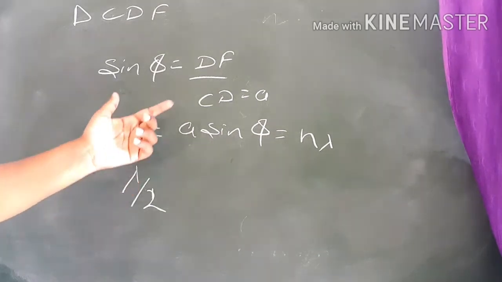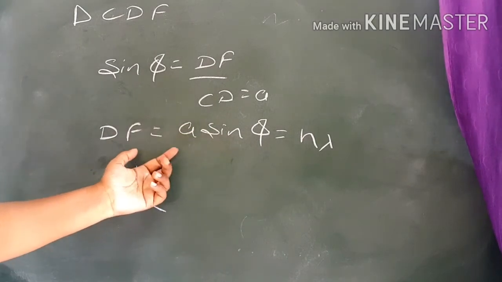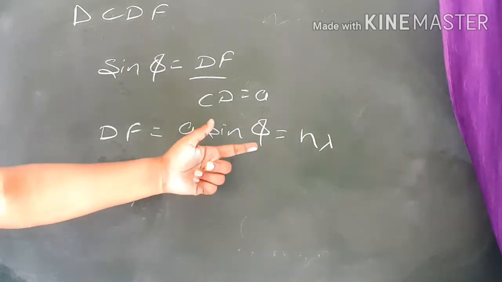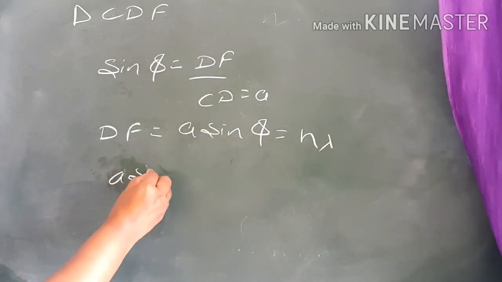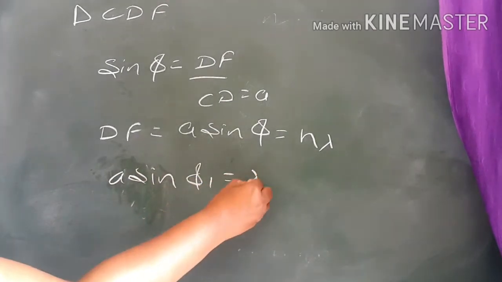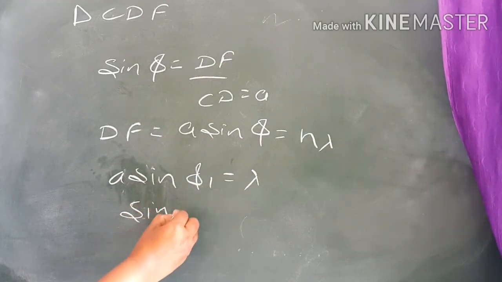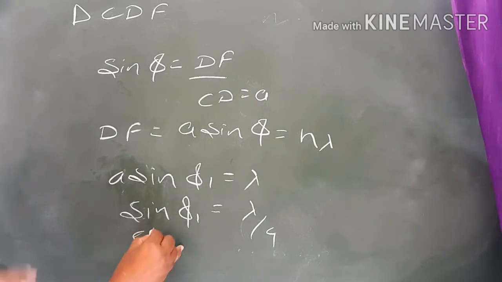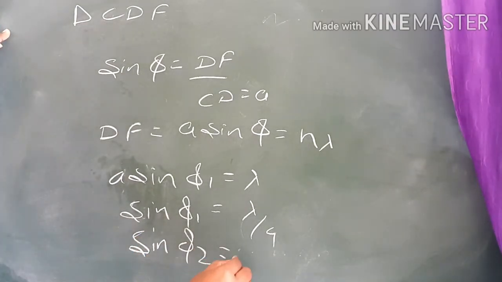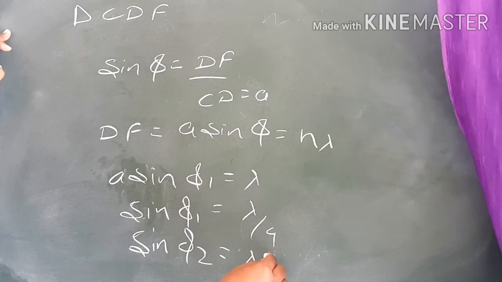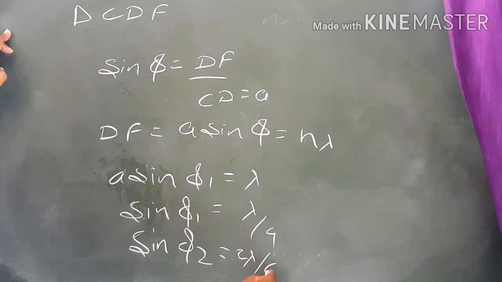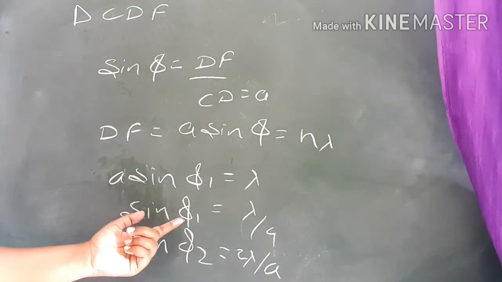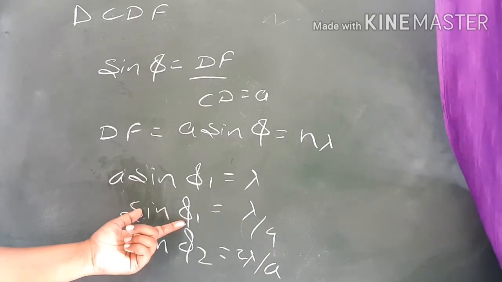Here we can also find the angular width between the two maxima or minima. Between two minima, if n is equal to 1, then a sine phi 1 is equal to lambda, or sine phi 1 is equal to lambda by a, and sine phi 2 is equal to 2 lambda by a. This is the first minima due to diffraction.